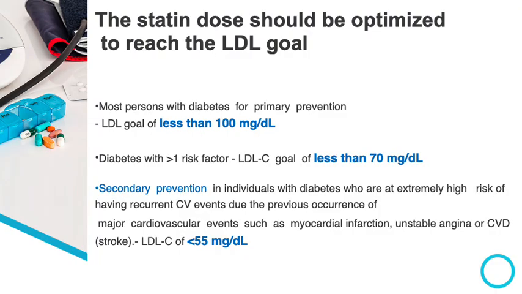The statin dose should be optimized to reach the LDL goal. So for most persons with diabetes, for primary prevention, the LDL goal should be less than 100 mg per deciliter.